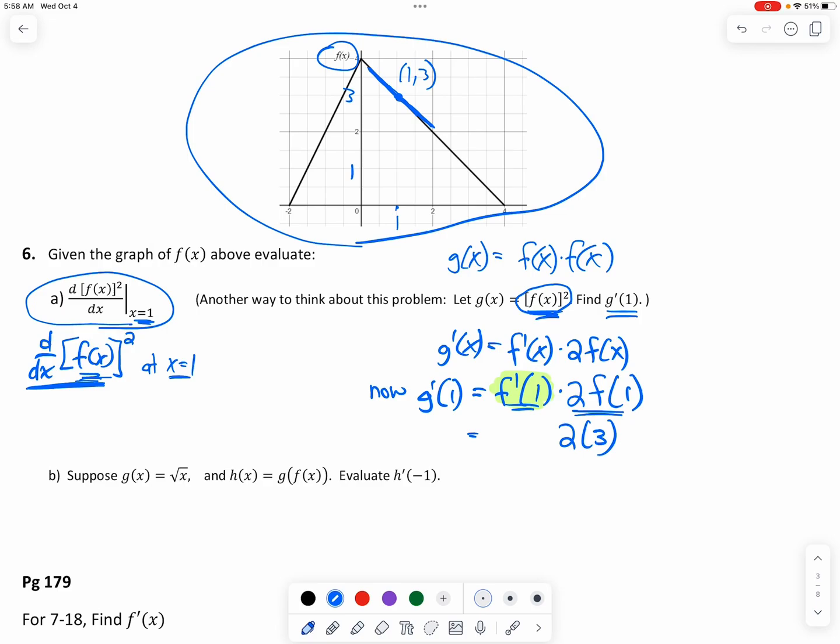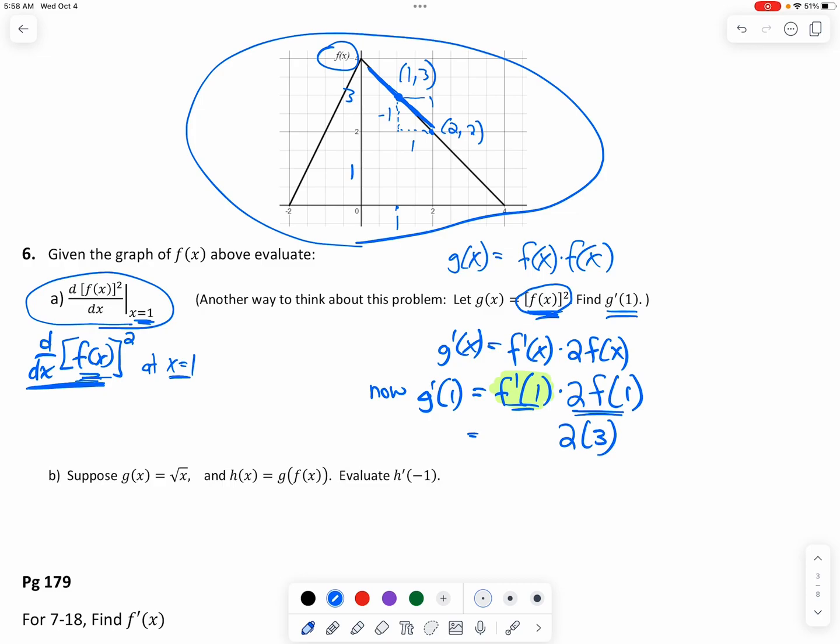This one is a straight line, so you just need to find a point that gives a nice and easy slope of rise over run from (1, 3) to (2, 2). I go over 1 and go down 1. That slope is negative 1.